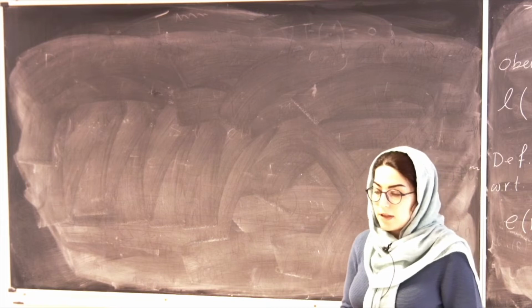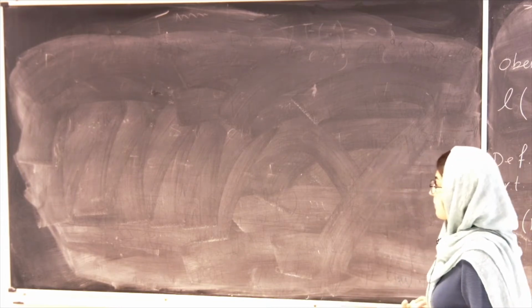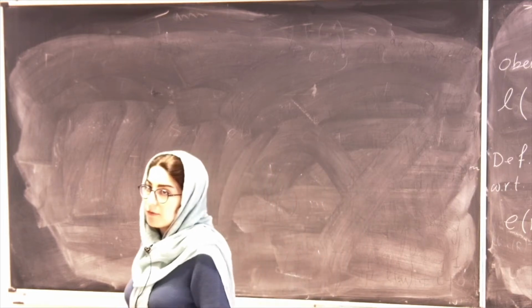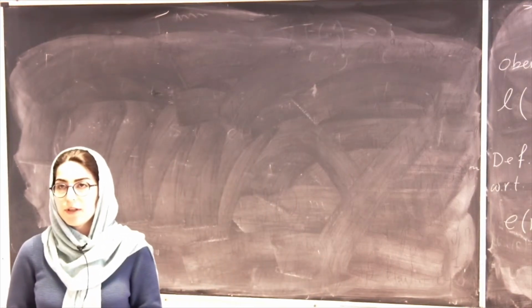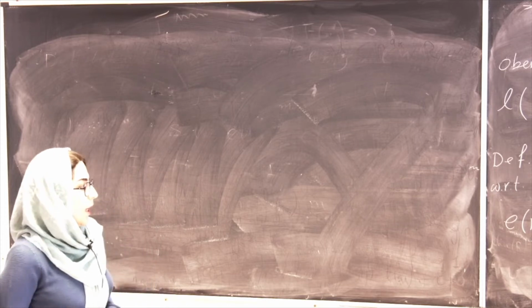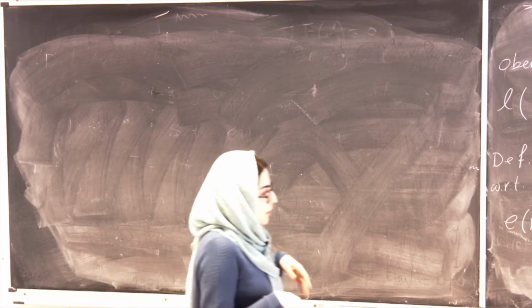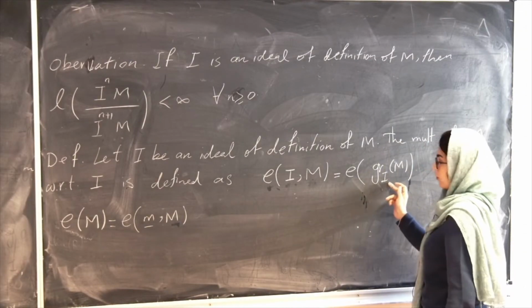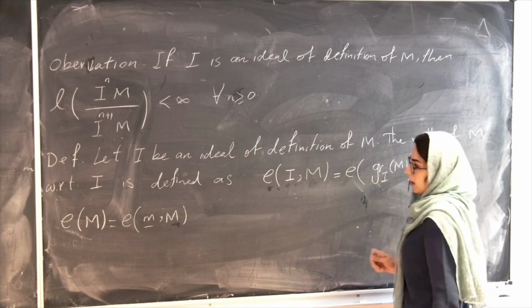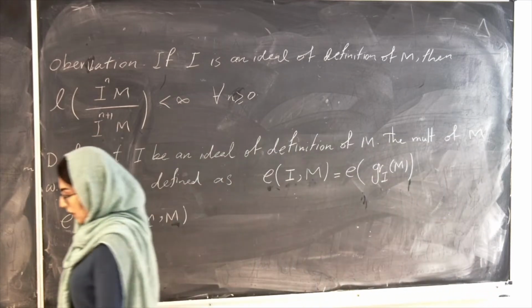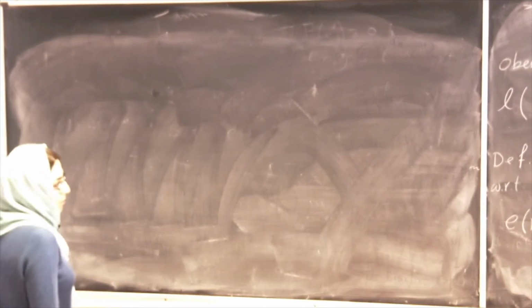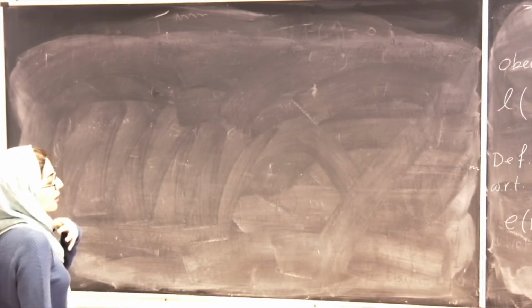If you remember from yesterday, we had a description for multiplicity in terms of the first iterated Hilbert function of M. So if we just repeat it for this situation, when we have the associated graded module of M with respect to I, we will have a formula for multiplicity in terms of some limits.